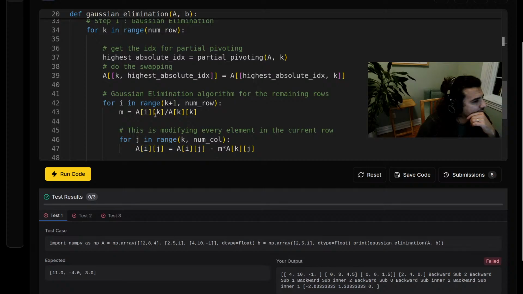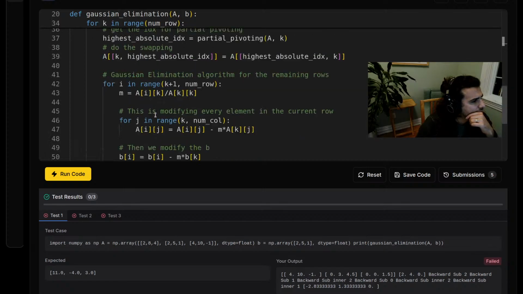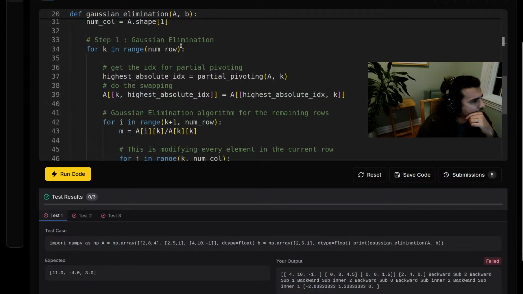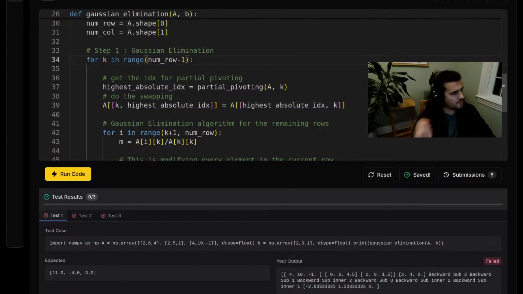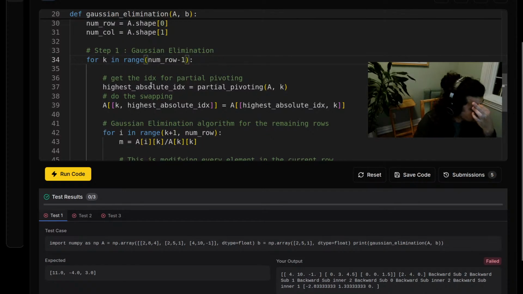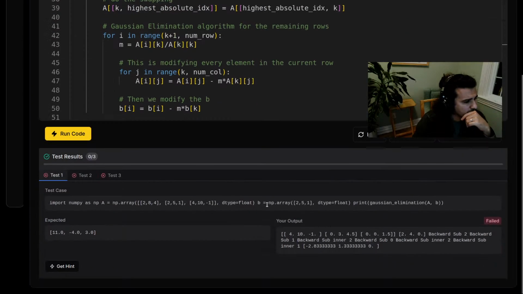Why are we not doing the last one? Is this it? Is it just that? We just left the last one untouched? It should not be that.